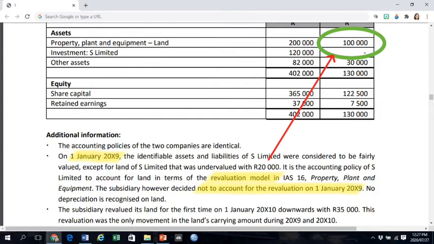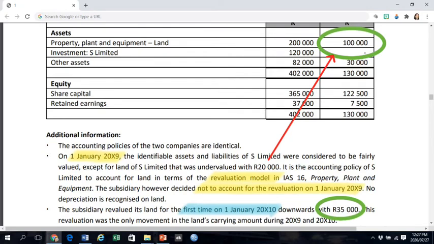The subsidiary did revalue this land for the first time on 1 January 20X10, which is 1 year after acquisition date. But now it was revalued downwards with a deficit of 35,000 Rand.